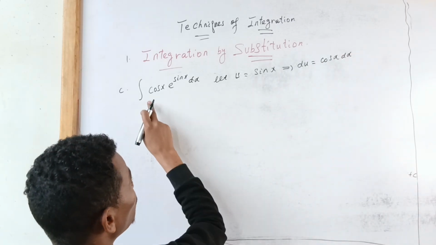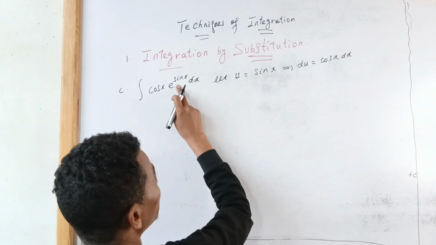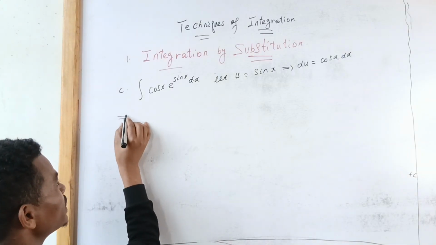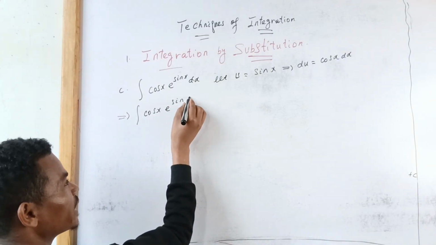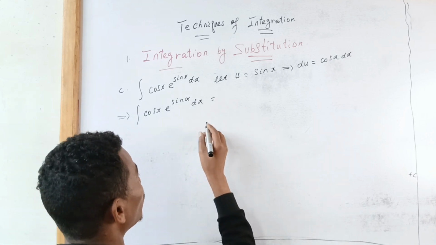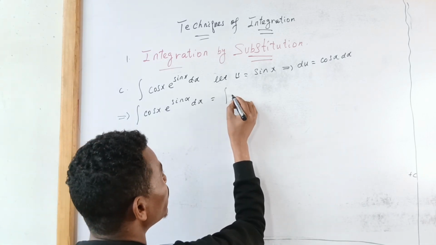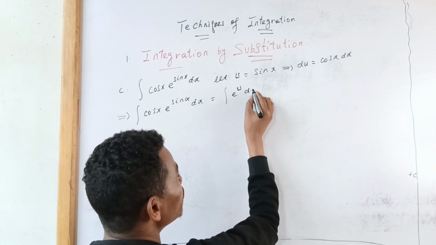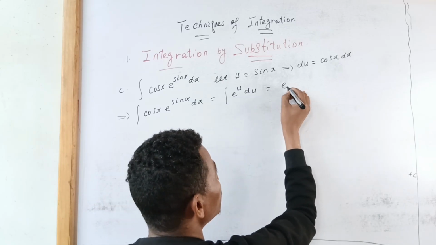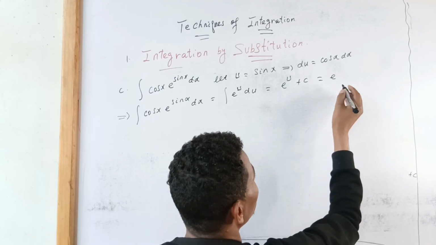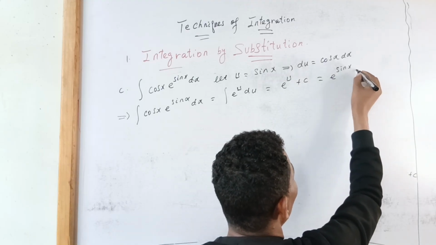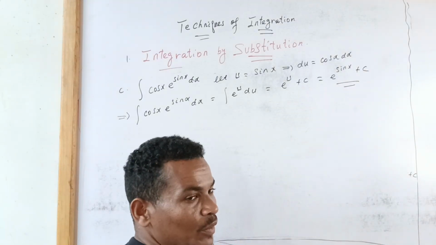That is, cos x dx is du and sin x is u. This implies the integration of cos x e to the power of sin x dx equals the integration of e to the power of u du. This equals e to the power of u plus c, which equals e to the power of sin x plus c.